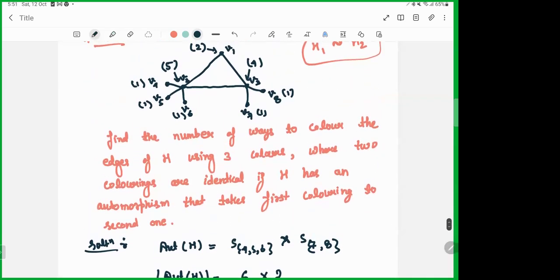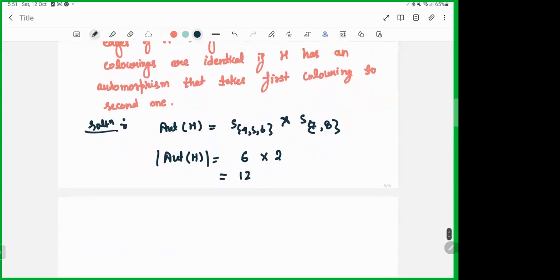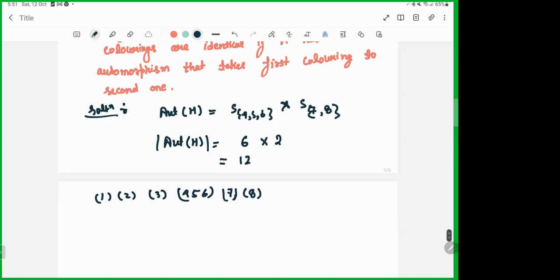Now we have to use the same result which we used above, so we need to write all the permutations, right? What are all the possible permutations? 1 should be fixed, 2 should be fixed, 3 should be fixed, and for 4, 5, 6 there are possible interchanges, and then two ways for 7, 8.